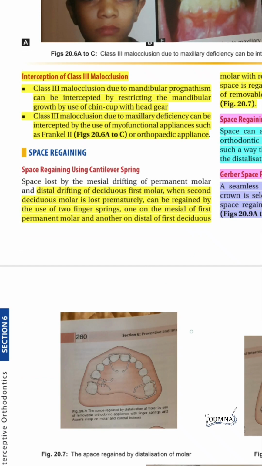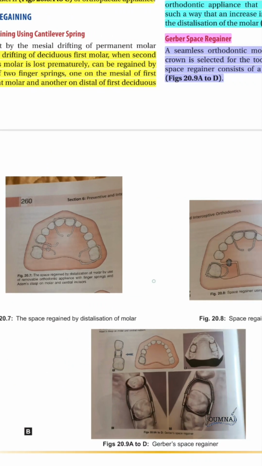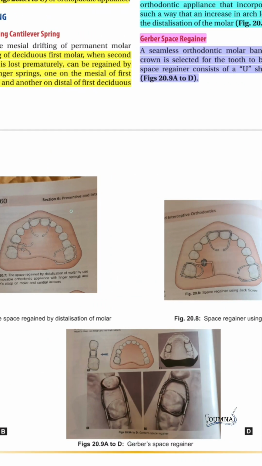Another way of interceptive orthodontics is the space gaining, using 3 types of appliances.